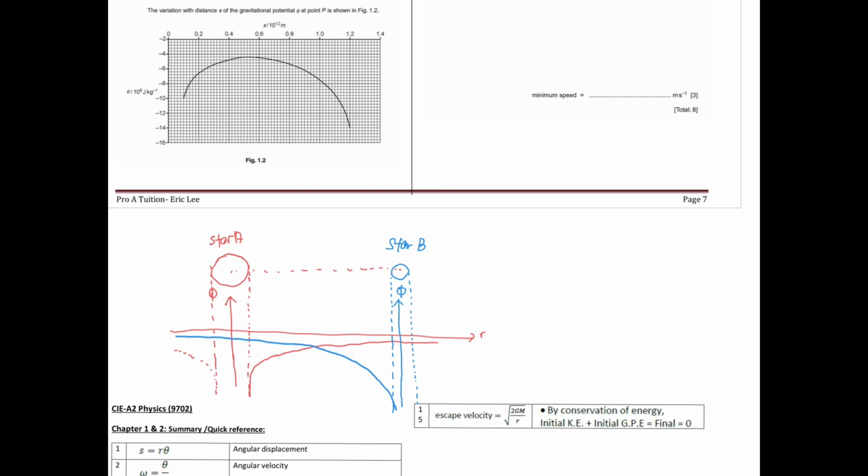As you can see, the red color graph here and the blue color graph here create gravitational potential in between the two stars. So the overall result is like this. How are we going to take it? We're adding up the values of the blue graph and the red graph.